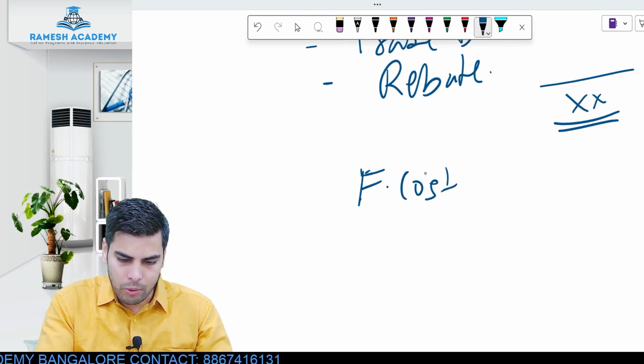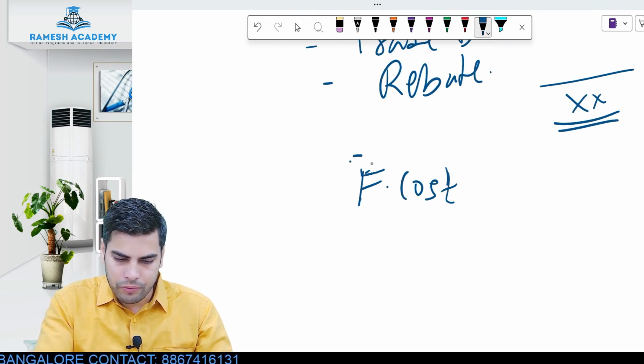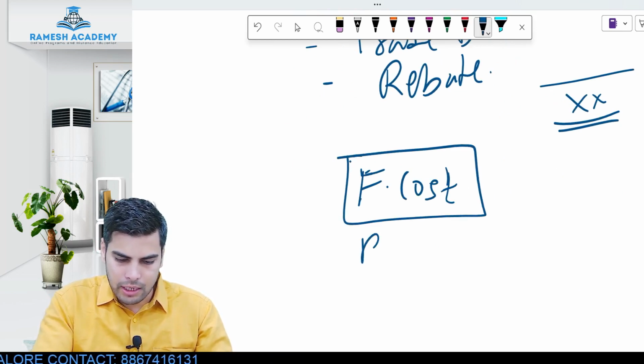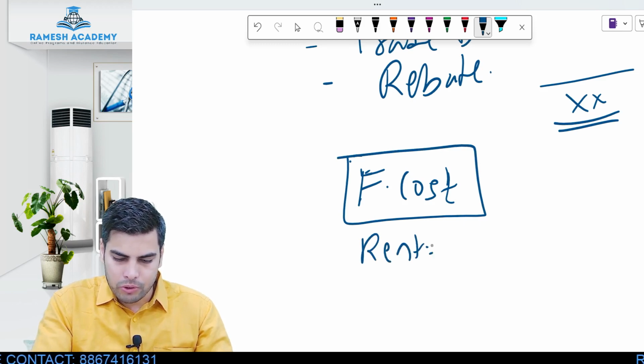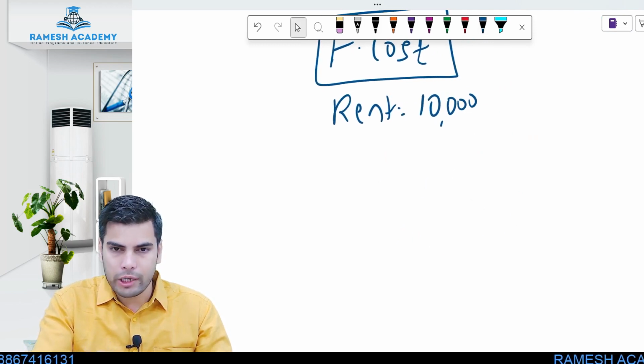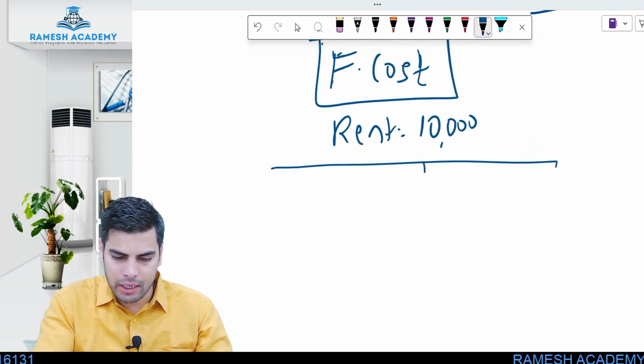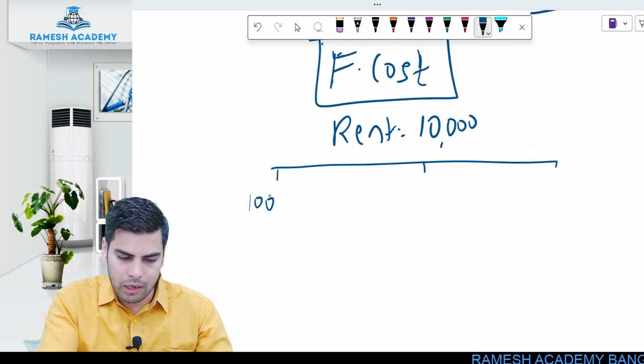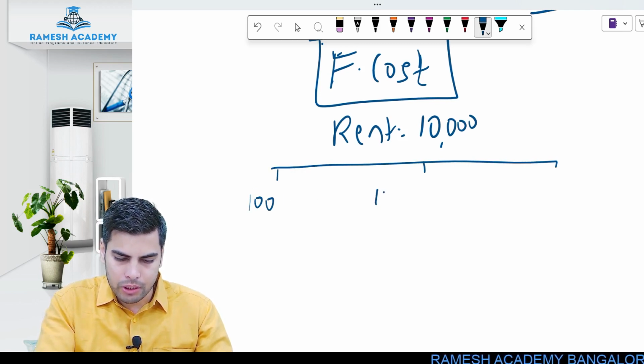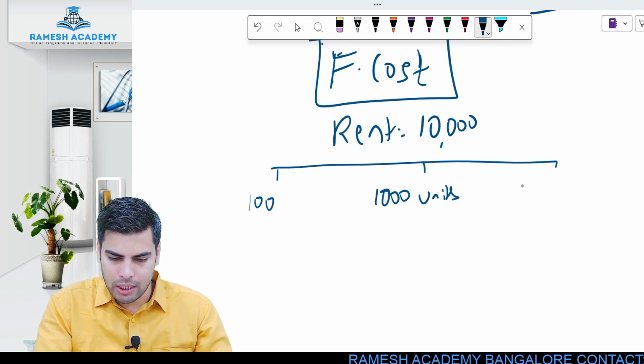Let's talk about fixed cost first. Let's take an example of rent. Suppose you're paying 10,000 rupees of rent. This rent is not going to change. Here I'll take three scenarios: in one place I'm producing 100 units, in another 1000 units, in another, let's say, 2000 units.